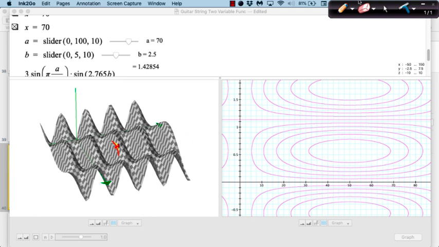And then for y? So in the y direction, do you see we have something like that? If you let y change a little bit, then what does the surface do?